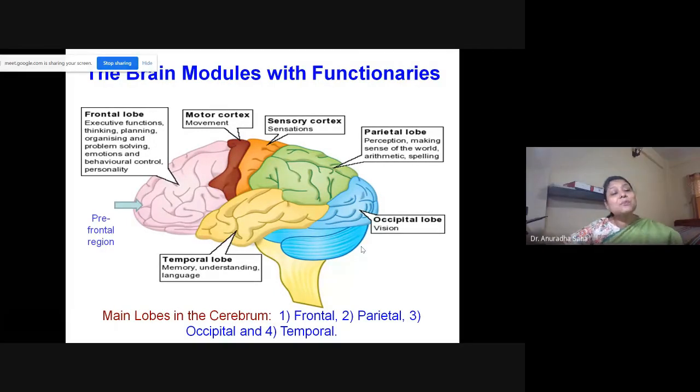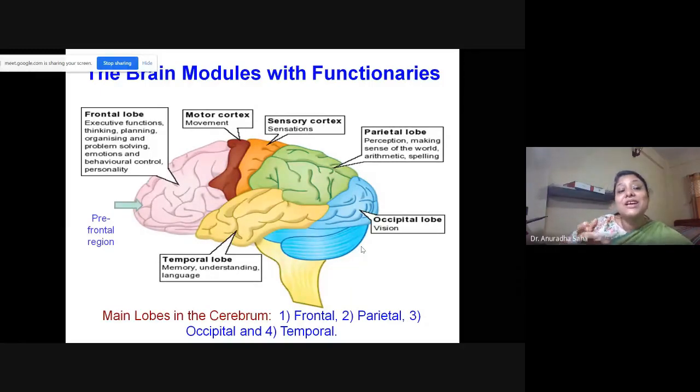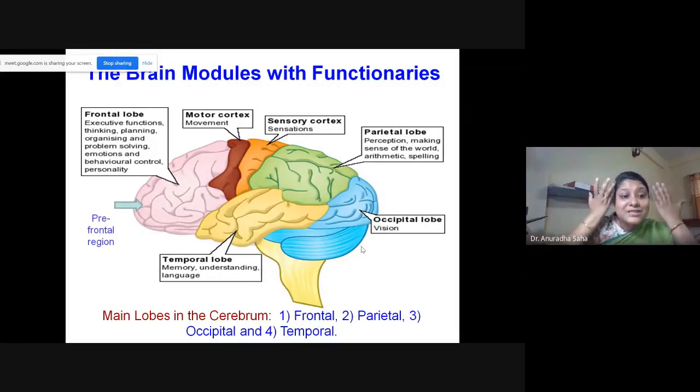So this prefrontal region falls under the frontal lobe, and this is the region on our forehead.